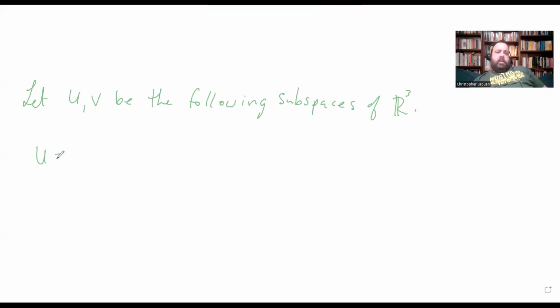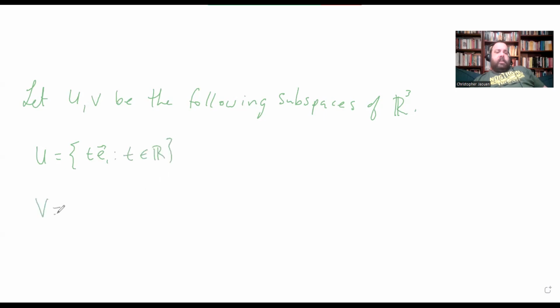So U is, let me think. Let's say that U is the set of vectors t e1 where t varies over the real numbers. So that's basically the x-axis.